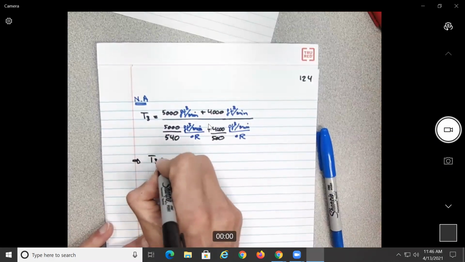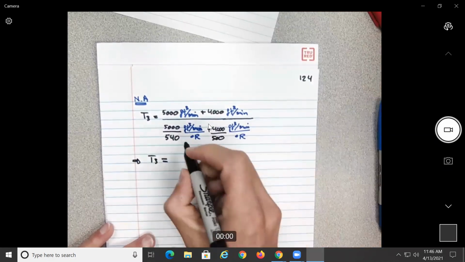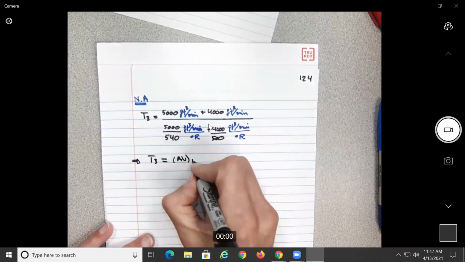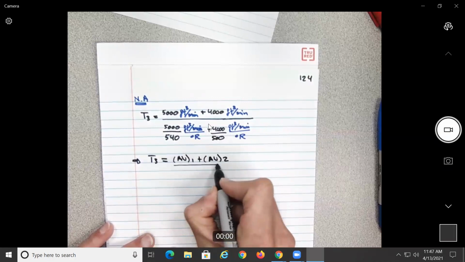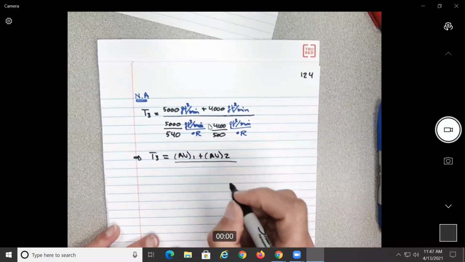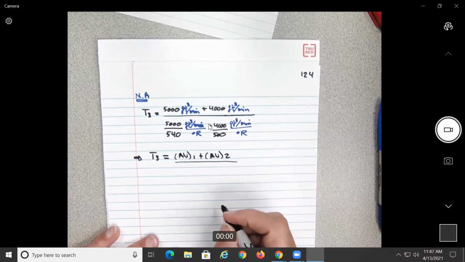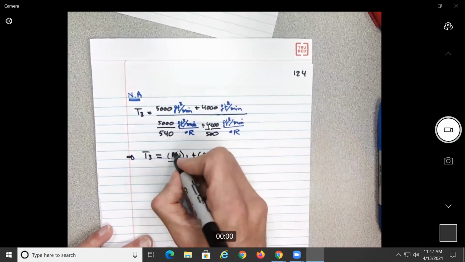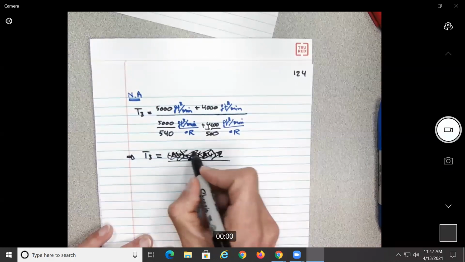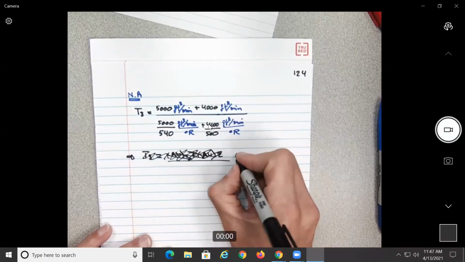That way it will be a little bit easier. So it should be equal to what? So let's see, AV1 plus AV2 divided by, oh no, we could not factor out, sorry. Okay, so let's do the calculation. I was trying to factor out, but now we still need to do this calculation. So this will give you T3.